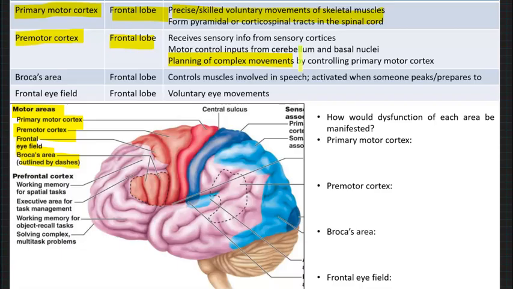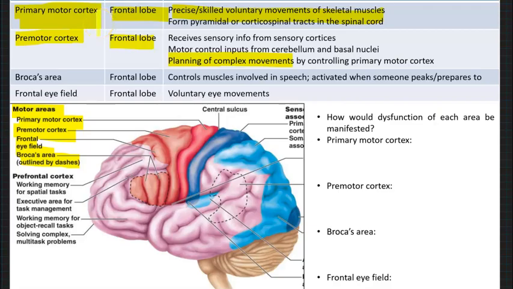The premotor cortex will also receive inputs from the basal nuclei that I already mentioned, and the cerebellum. They will guide the premotor cortex on how to execute the movement. And then the premotor cortex will form this output signal and, importantly, will relay it to the primary motor cortex.